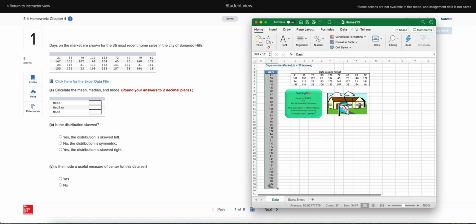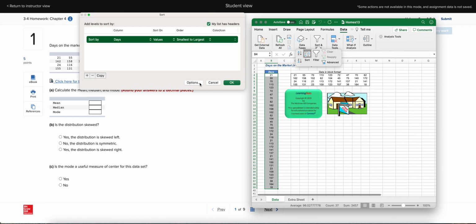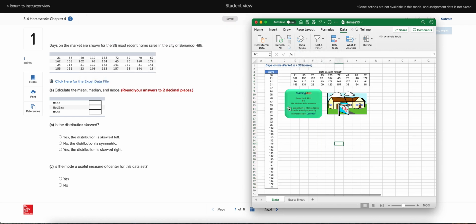Highlight the data that's in a column. I can hit data, and again, I can sort. And now this helps me sort from smallest to largest, if you want to do these things by hand. However, in Excel, if you just put an equal sign and start typing, typically you can find what you're looking for.